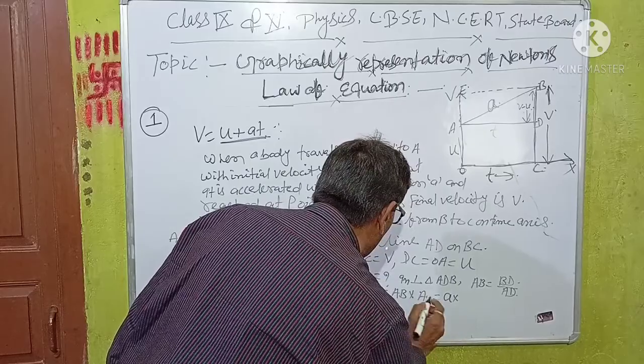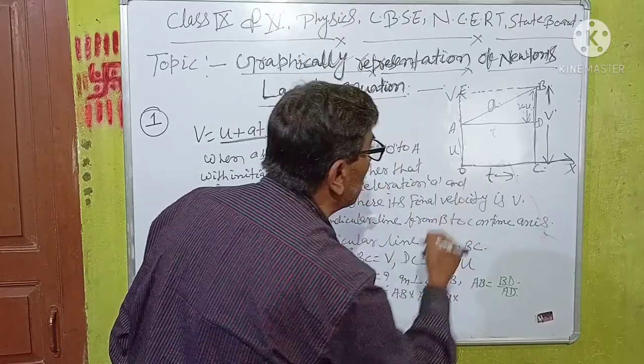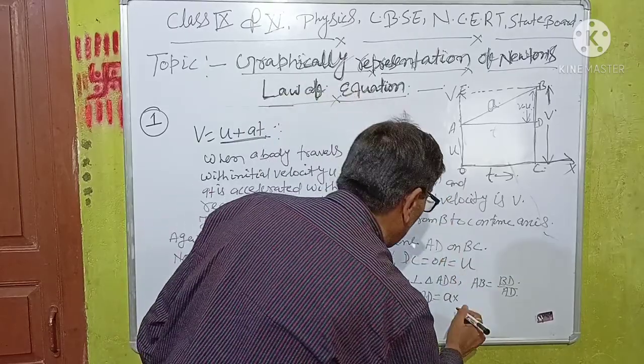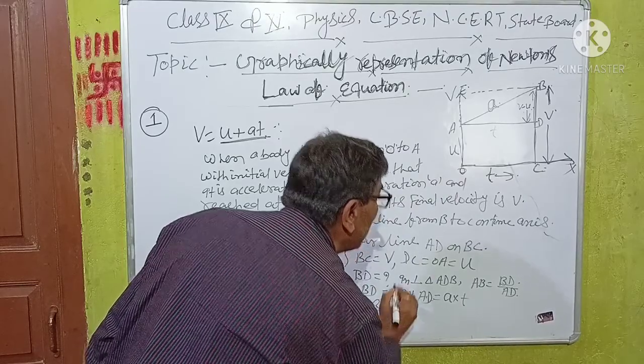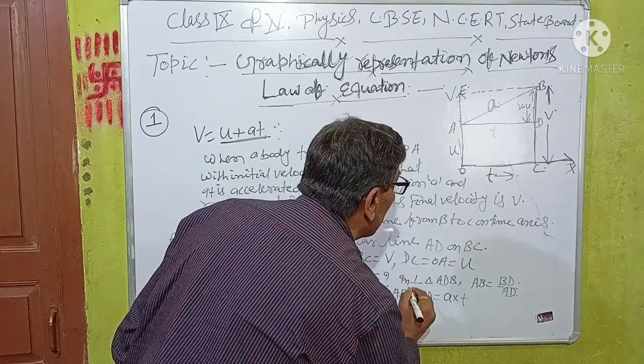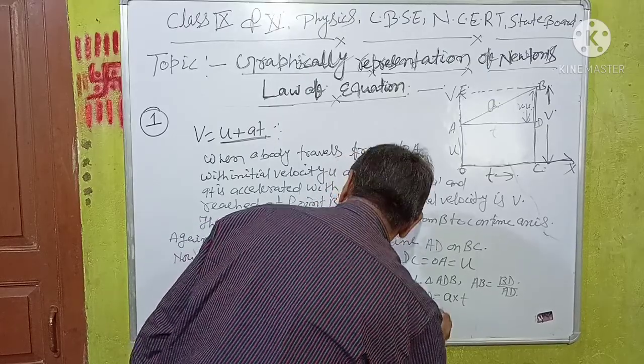Then AB into AD is equal to A into T. So therefore BD is equal to AT.